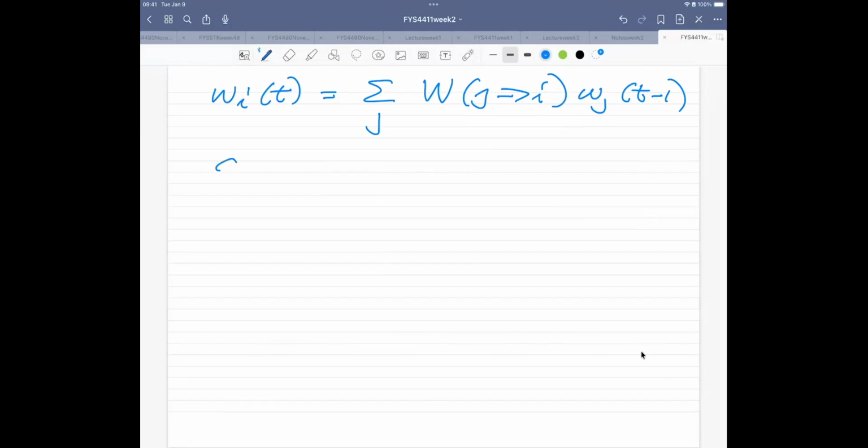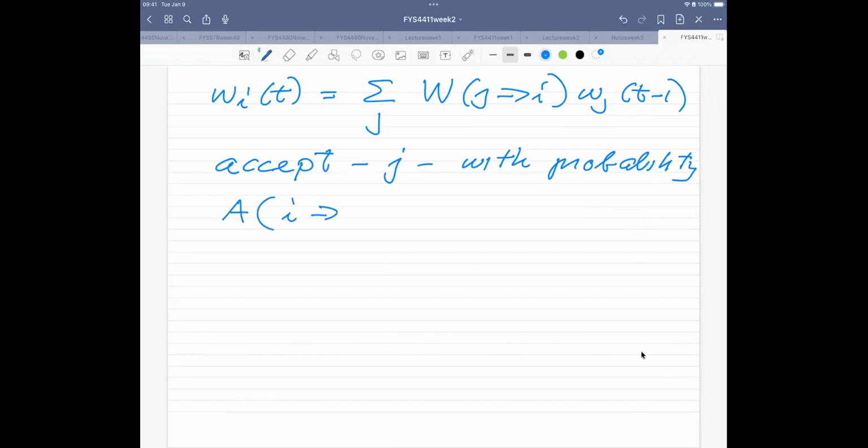So I'm going now to say that I accept this move j with a probability A. So if I go from i to j, I'm actually accepting that move with that specific probability.